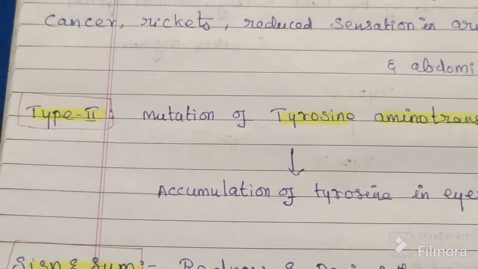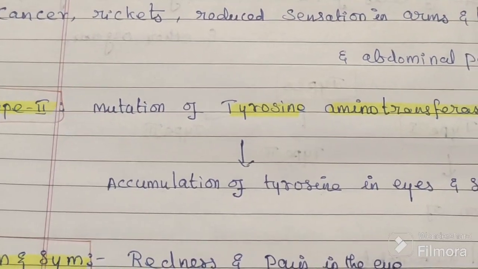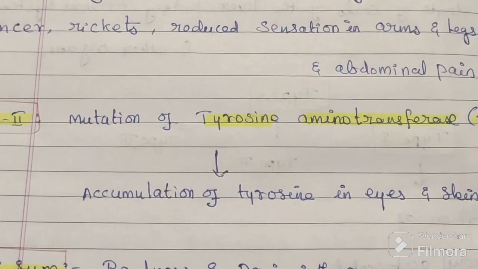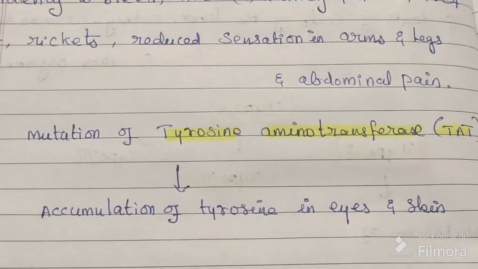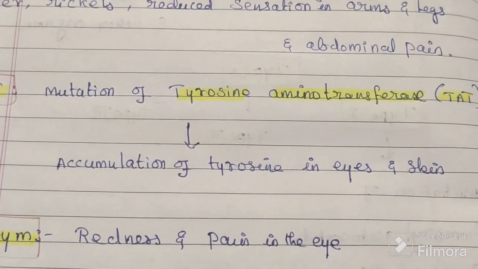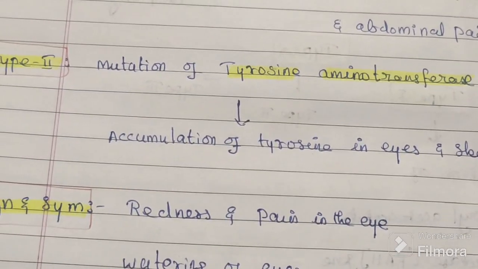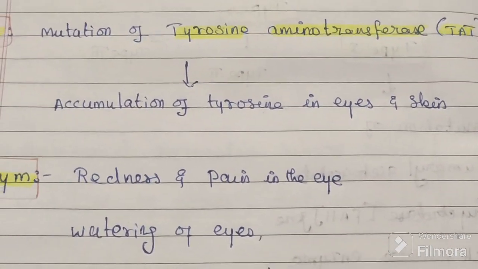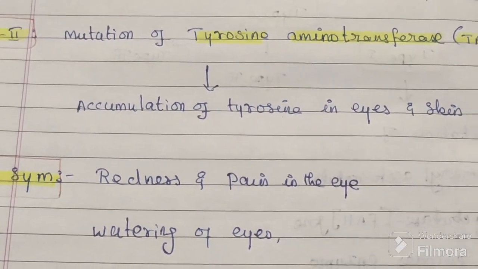The second one is type 2 tyrosinemia, which results from mutation of the tyrosine aminotransferase (TAT) gene, which encodes the enzyme tyrosine aminotransferase. This results in the accumulation of tyrosine in the eyes and skin. Signs and symptoms begin in early childhood.